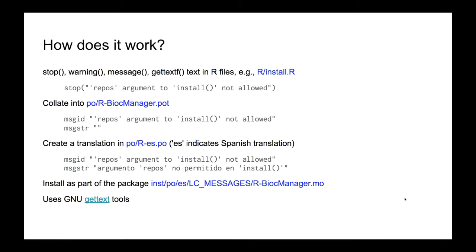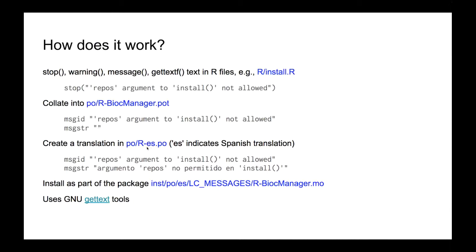So you write stop, you collate these into this .pot file, and it consists of a key, the message ID, and a string that corresponds to that ID. And this string is blank at the moment.